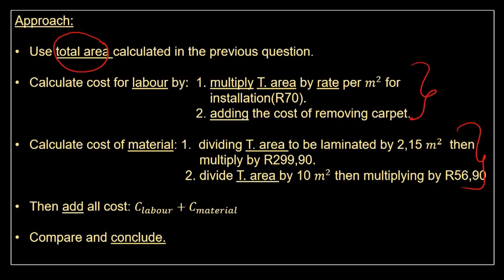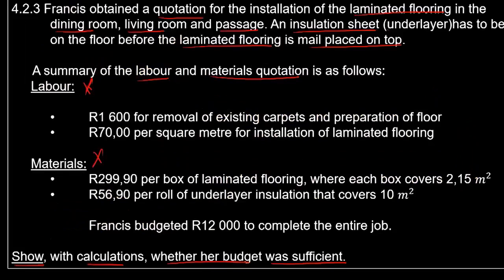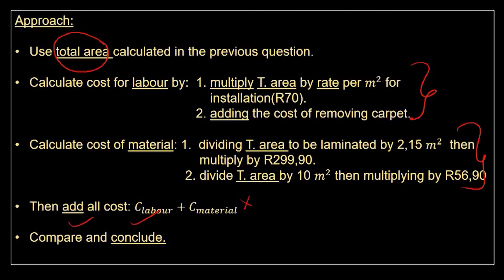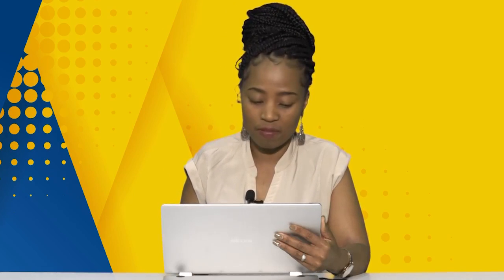Calculate the cost of material by following these steps, where you will be talking about your rates. Then you add the total cost. Compare the two values. Is it more than the 12,000 that they mentioned here? Is it less? Then you state whether the budget is enough or not enough. You need your knowledge of spread rates in this case, and you need to know how to find the values when you're given the spread rate.